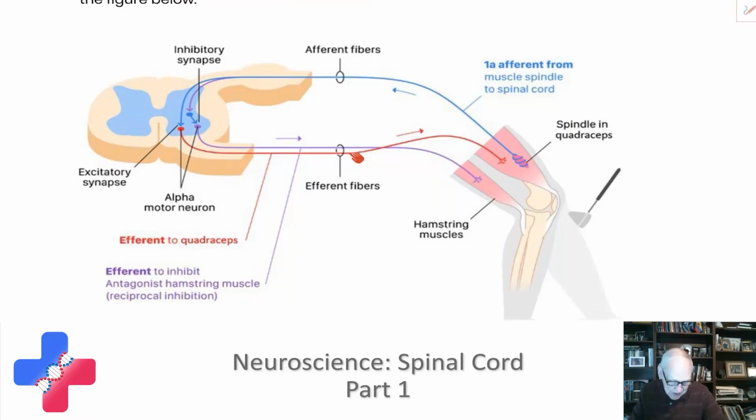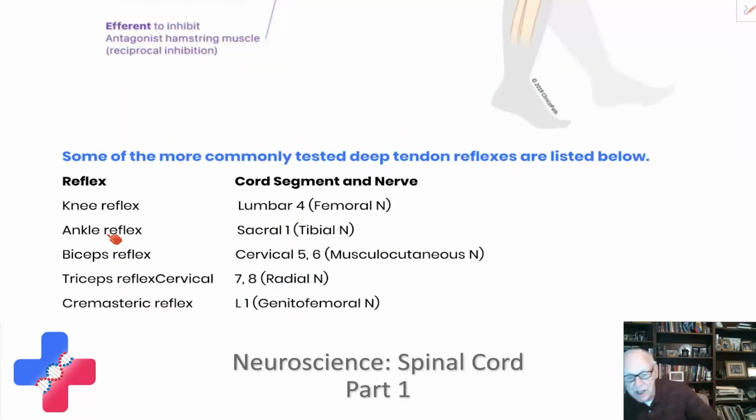The ankle, the Achilles reflex, you've got the same thing there. Remember, that's S1 via the tibial nerve of the lumbosacral plexus. And the biceps are 5, 6, musculocutaneous. Triceps are 7 and 8. And of course, there is a cremasteric reflex.